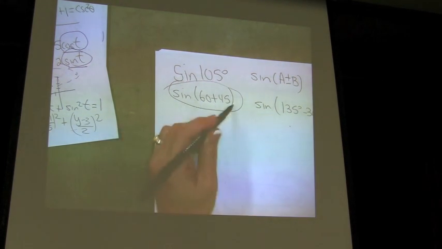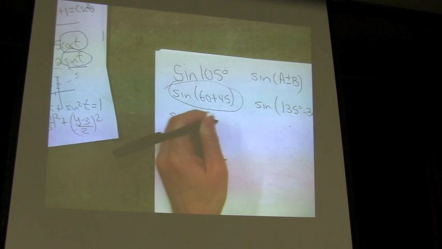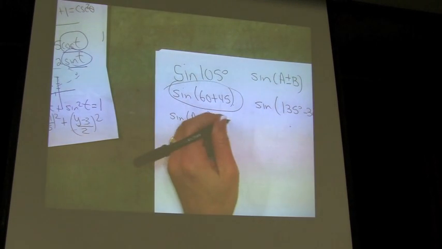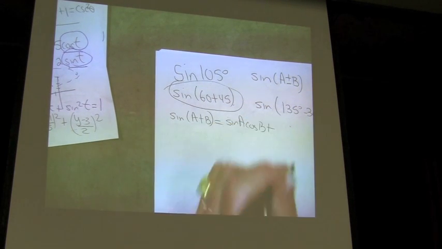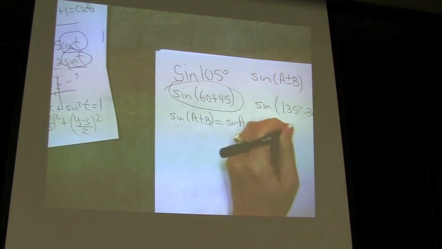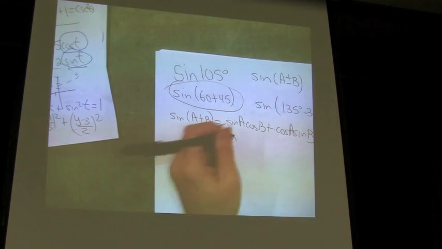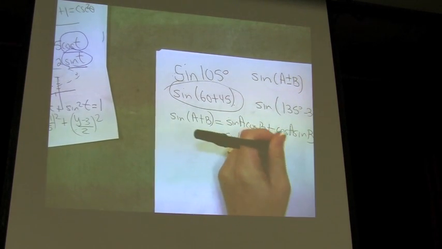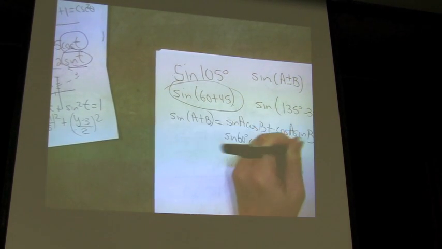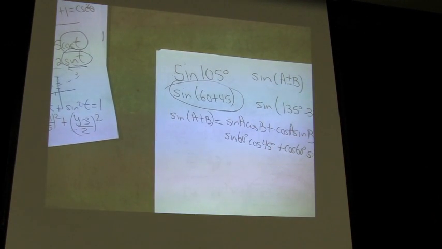So sine of this is sine of A plus B, which is sine A cosine B plus cosine A sine B. So this is sine of 60 cosine of 45 plus cosine of 60 sine of 45.